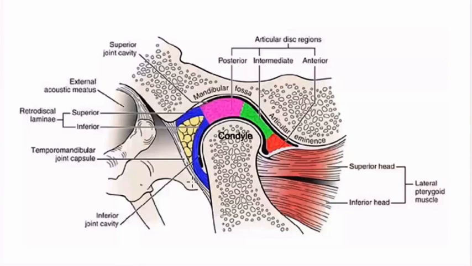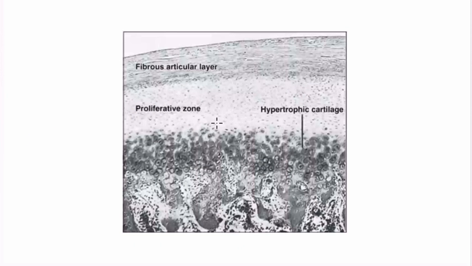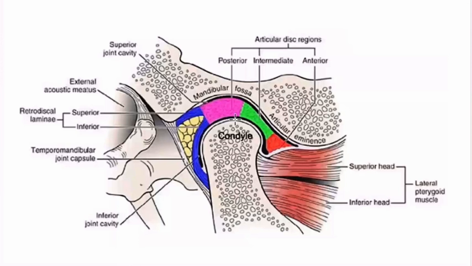The disc has two components, anatomically. The histological division is the core of the disc, which is avascular and fibrous, and the extremities of the disc, which are more fibrous.